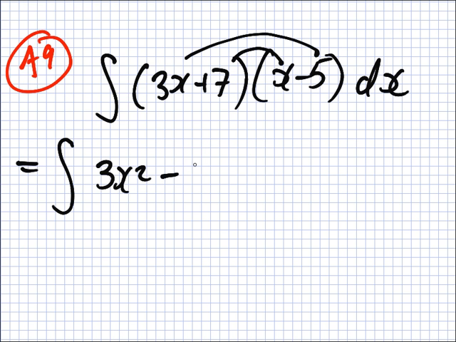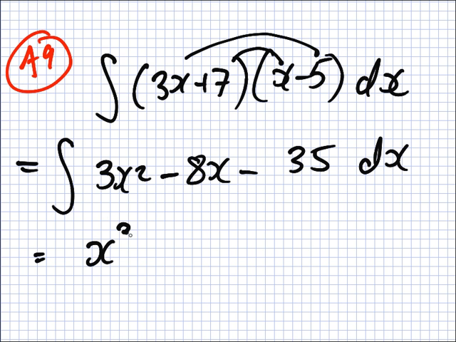Minus 8x, I think, minus 35 dx. Is that right? Yeah. So now we integrate. That would be x cubed minus 4x squared minus 35x plus 6, plus c.